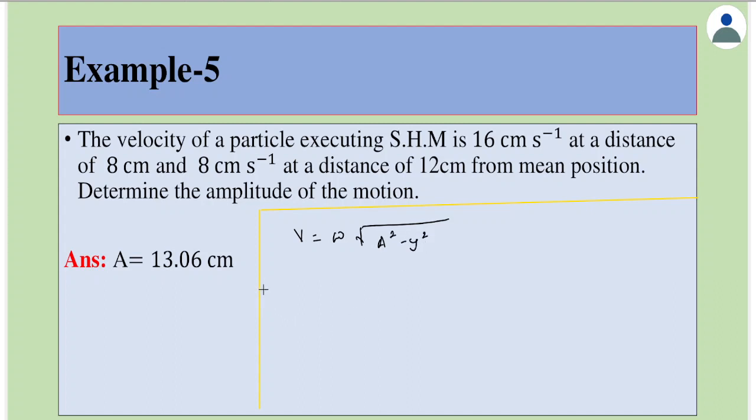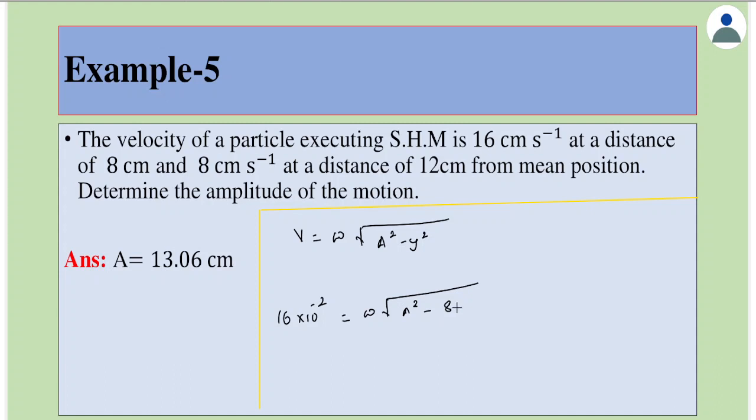If we take the first case, the velocity is 16 centimeter per second. So it becomes 16 into 10 power minus 2 is equal to omega into under root of a square, which is unknown, minus y square. Here y square would be 8 centimeter square.